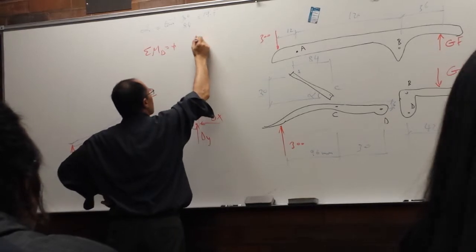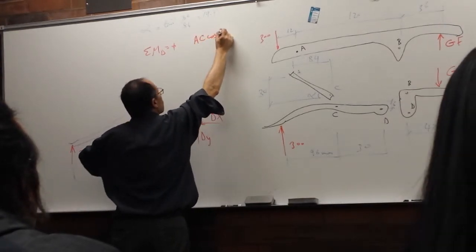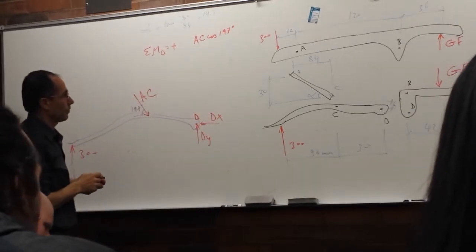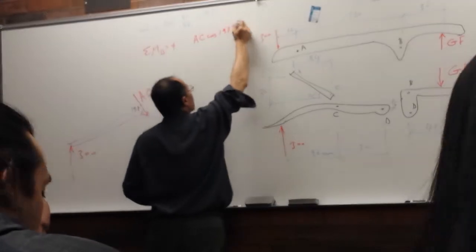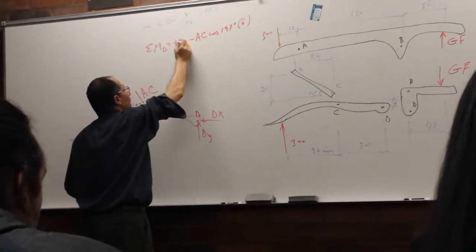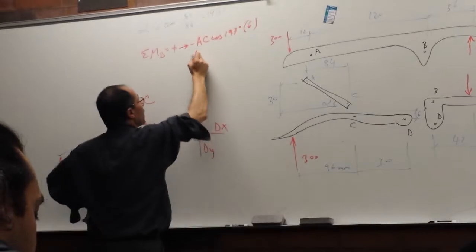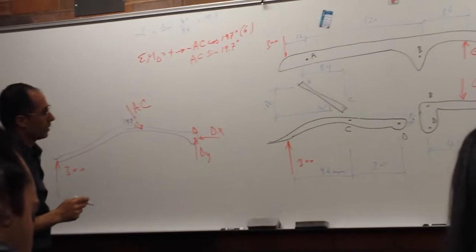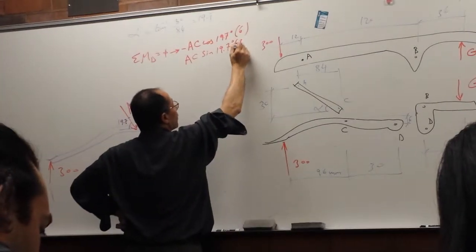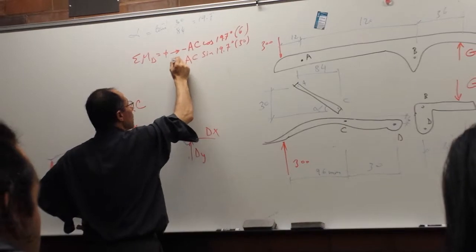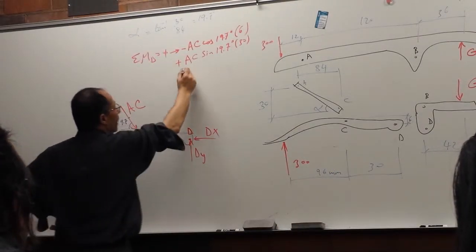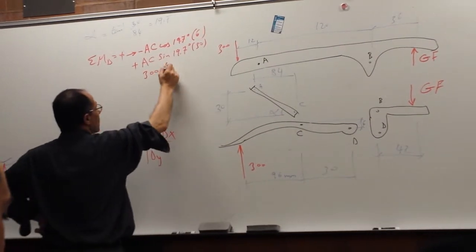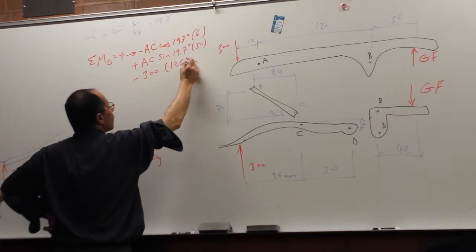AC cosine of 19.7 times 6 is going to be negative. Agree? AC sine of 19.7 times 30 is going to be positive. 300 times 126 is negative, equals 0.